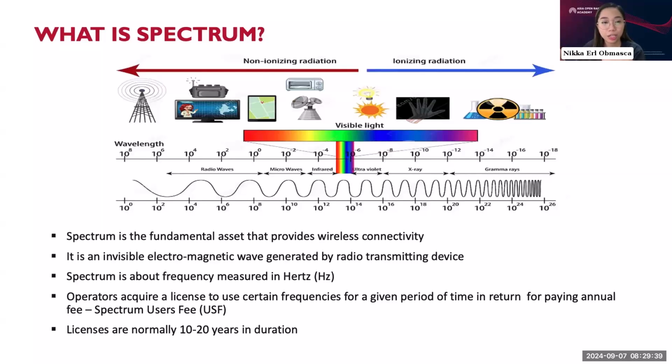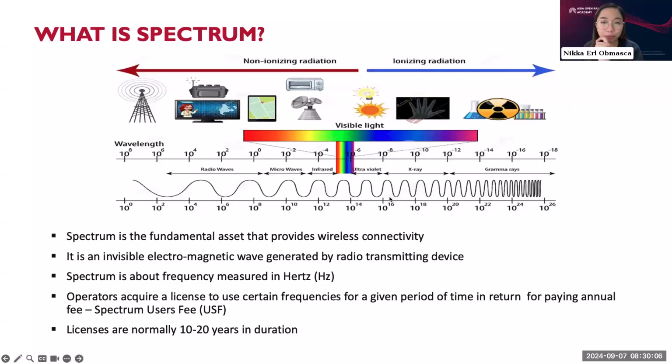And yung spectrum, we call this the electromagnetic waves. And yung electromagnetic waves natin is ranging from 300 kilohertz to the smallest, like 3 times 10 to the 26th power hertz, something like that.